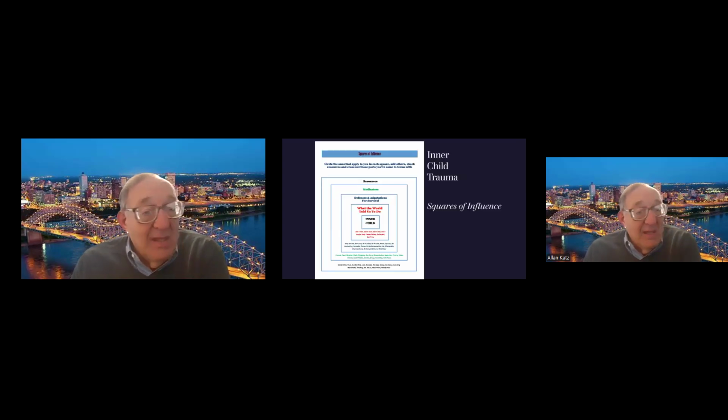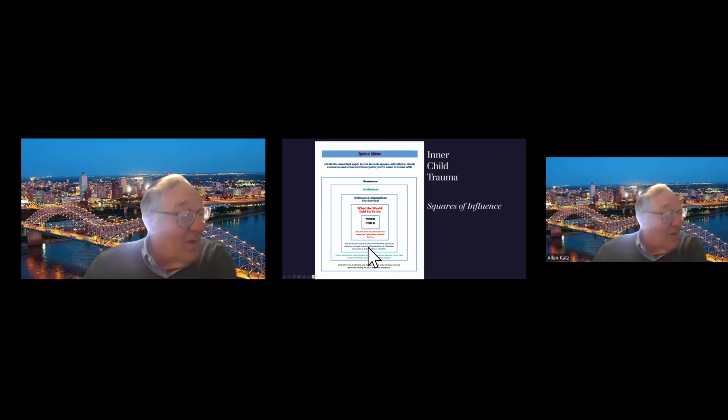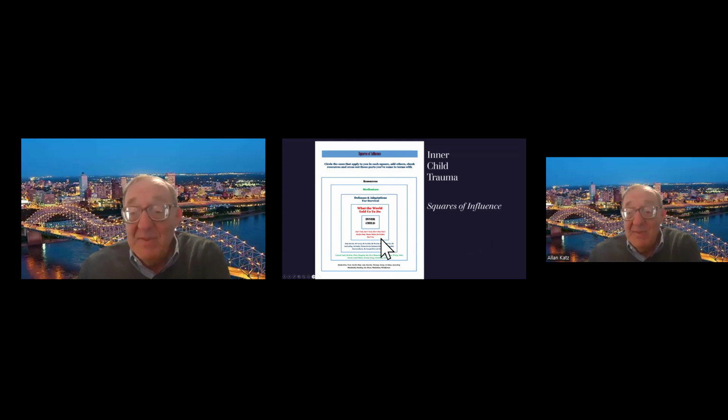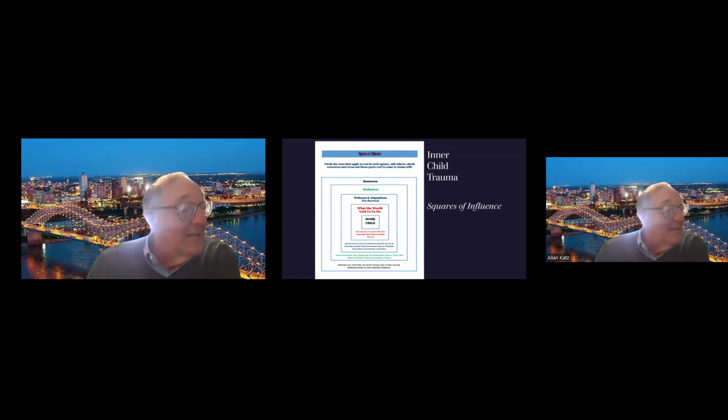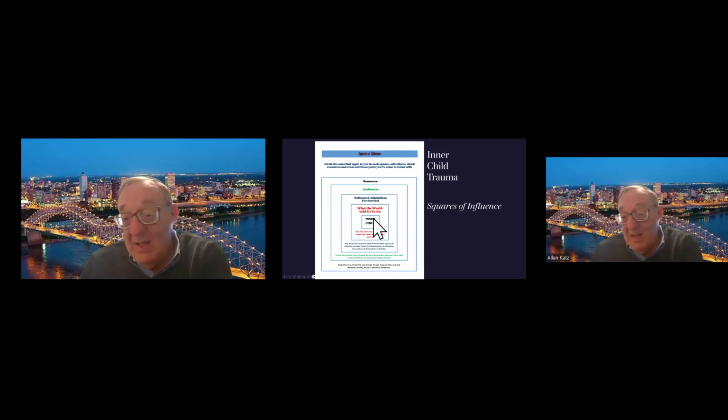This one is called the inner child trauma, the squares of influence. And again, I've filled in all these things here. Really, you would adapt this with blanks again, but you have the inner child here. In other words, the child that's just growing up, 2, 3, 4, up to about 10 years old.